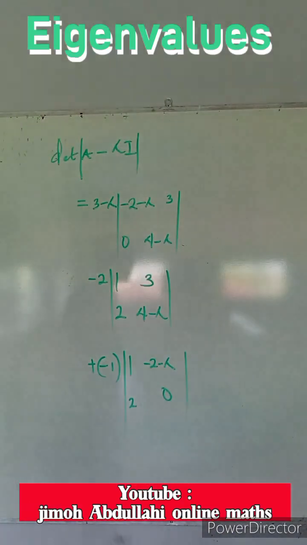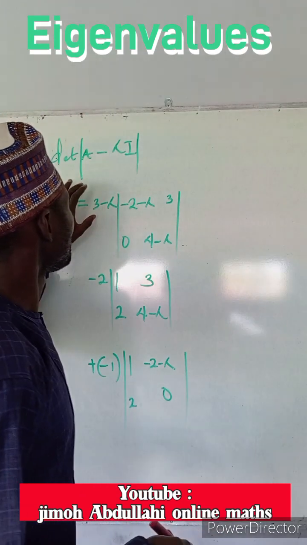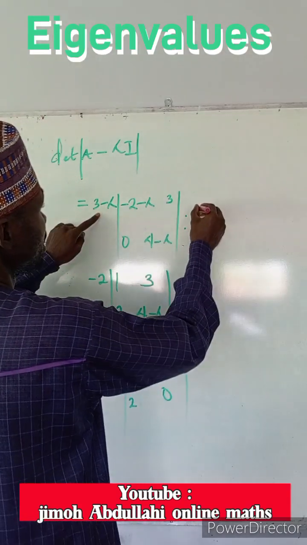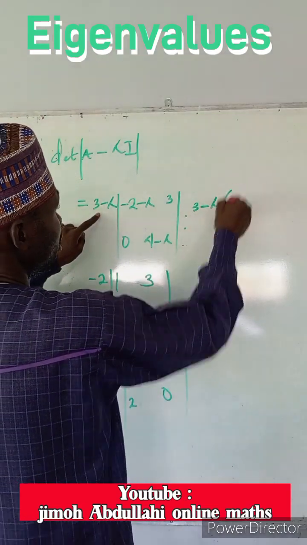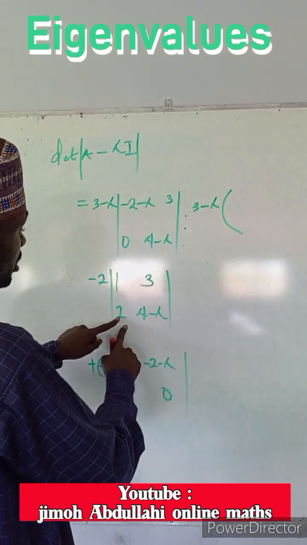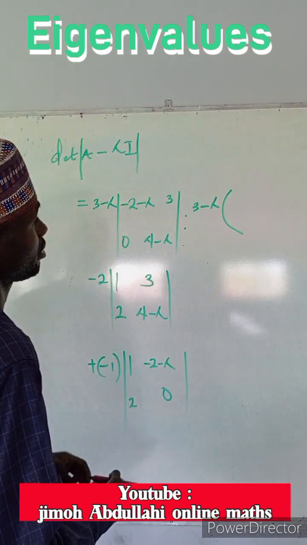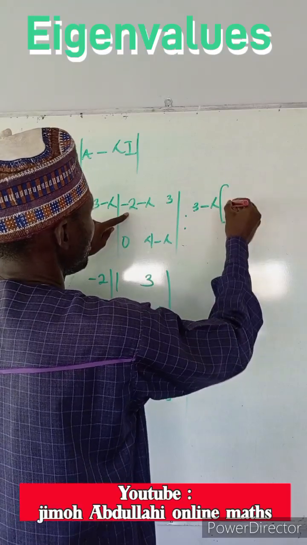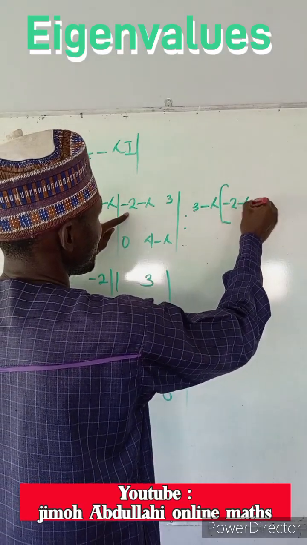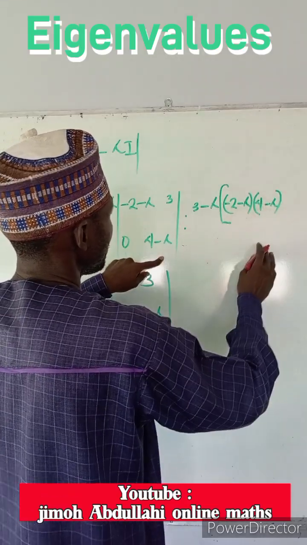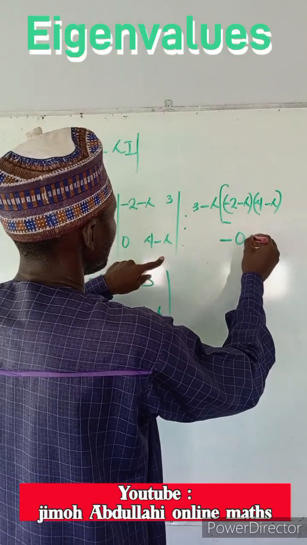So that's it. So now after doing that, the next thing we are going to do is to solve it out. And that will give us 3 minus lambda into this times this minus this times this. Understand? So this will give us, let's use square bracket, minus 2 minus lambda times 4 minus lambda minus 0 times 3.